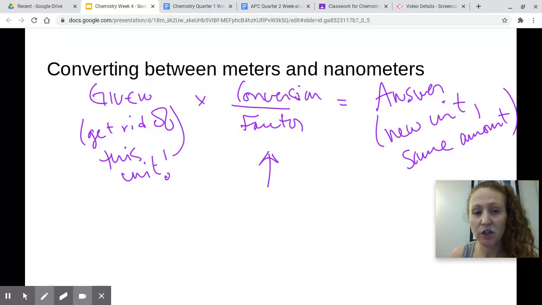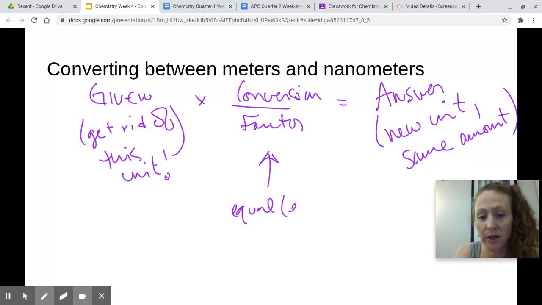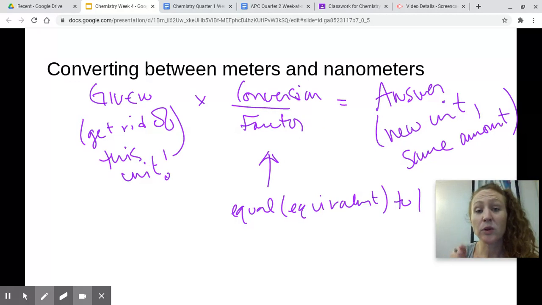This is where the conversion factor comes in. The conversion factor is going to be equal or equivalent to 1. By multiplying by 1, you're not going to change your amount. We're just going to change the unit. So it has to be equal or equivalent to 1.